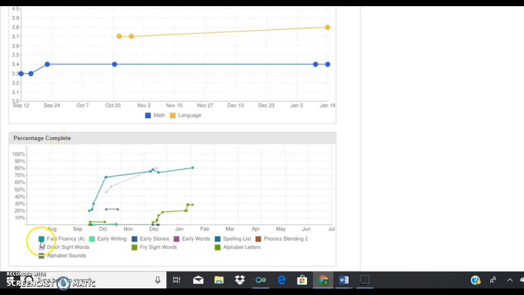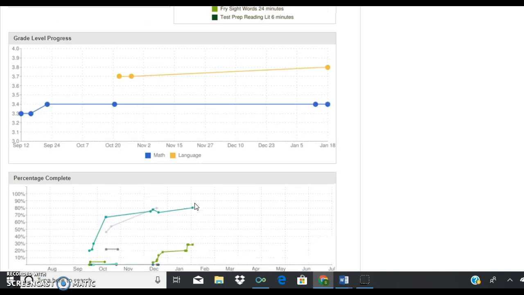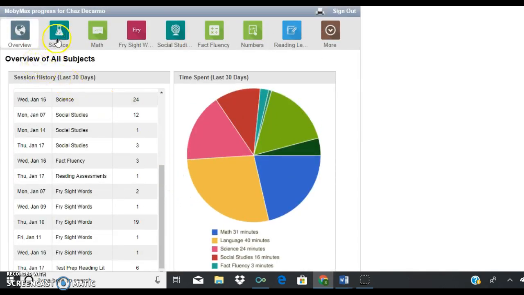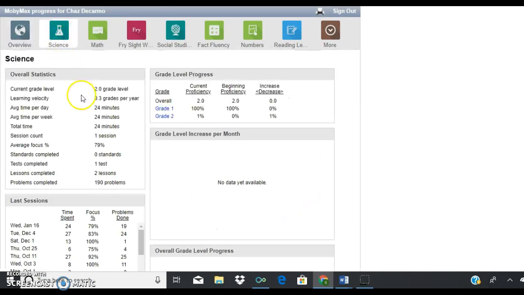So they're color coded, so you know that fact fluency right here, he's at 80%. Right here, the Fry sight words, he's at 30%. So the parents can track their students' progress, how well they're doing.